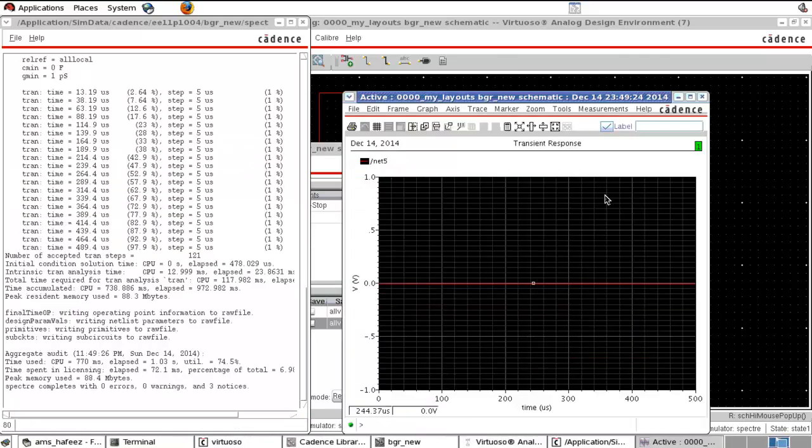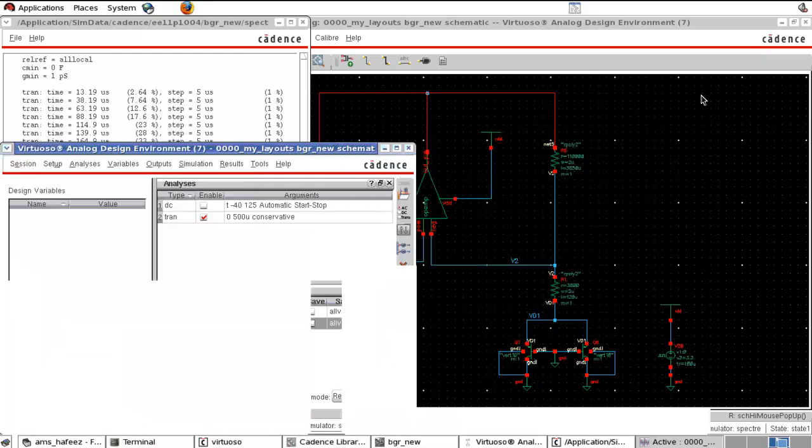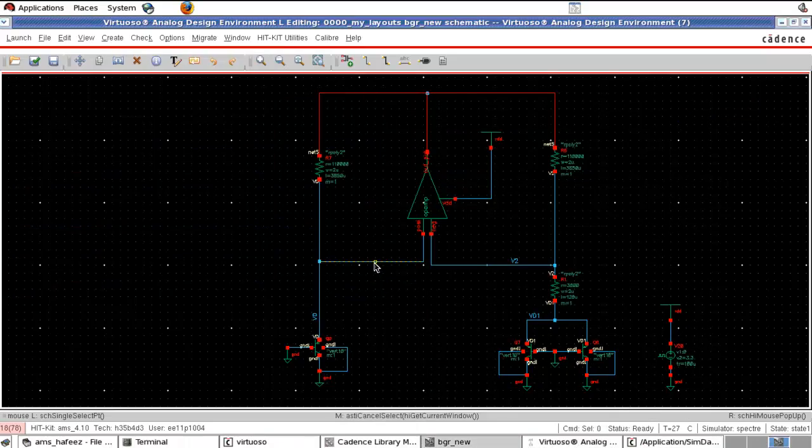So there is no reference voltage coming. It's again the issue of startup. We said it could be when the op-amp output voltage is 0 volt, and these two nodes will also be 0. So it is stuck at the 0 current state, and we need to design a startup circuit here.